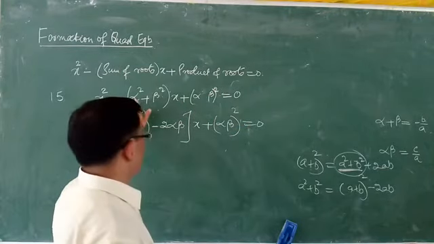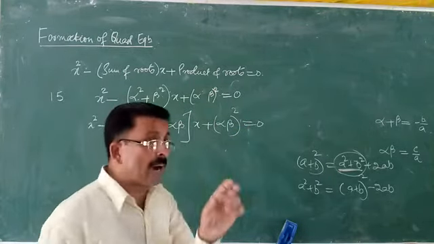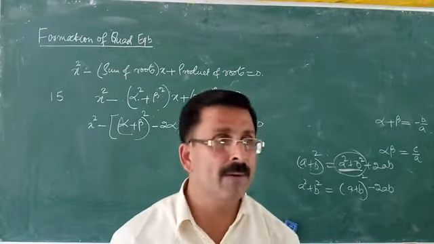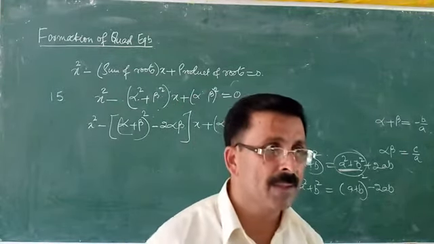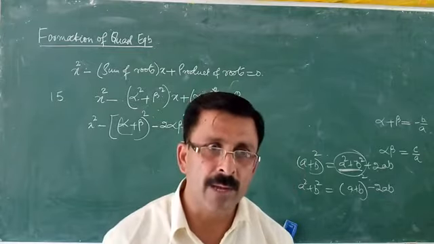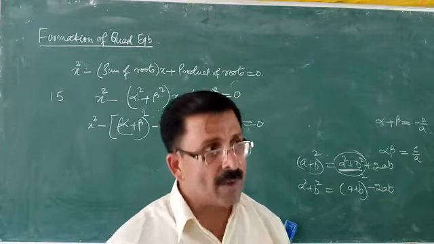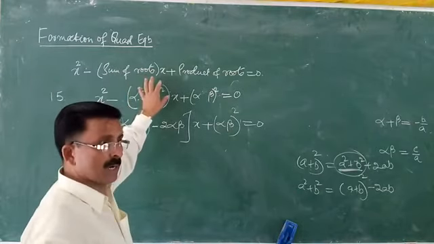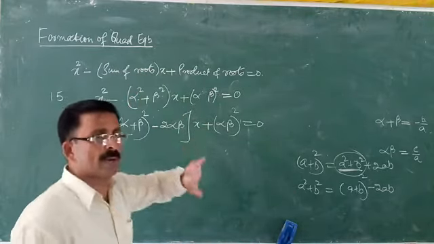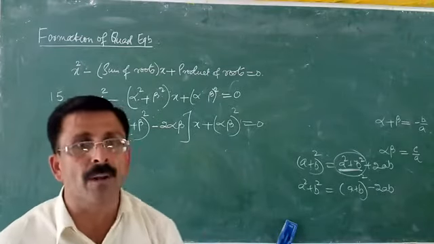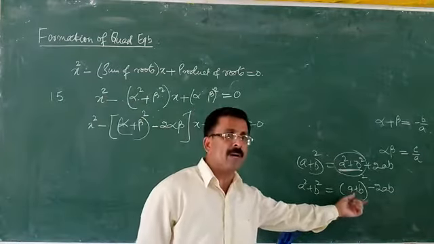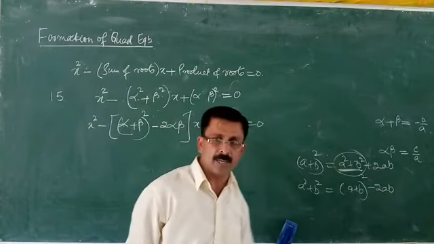Now, this part will be always only in terms of alpha and beta. It will never be in terms of any exponential form. Is it okay? Yes, sir. So whenever we have any other power of alpha and beta other than 1, then we will do some changes using some algebraic formula, and we will try to write that in the form of the sum of alpha and beta, or the product of alpha and beta.